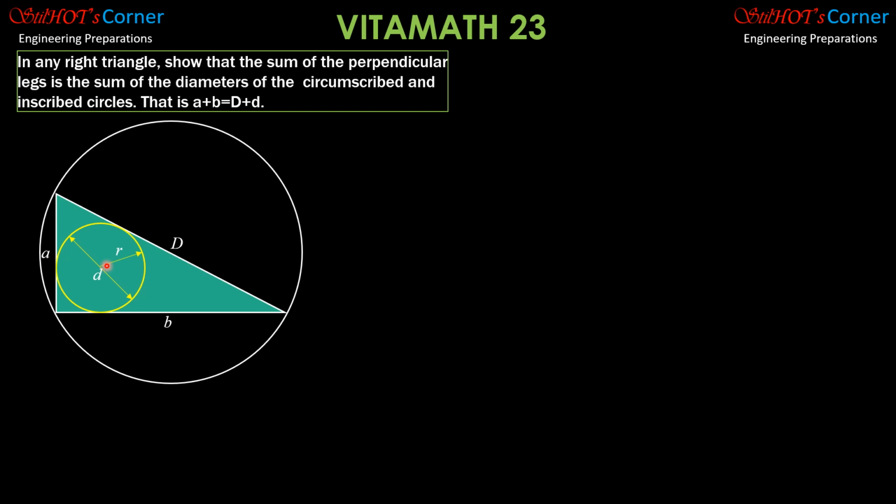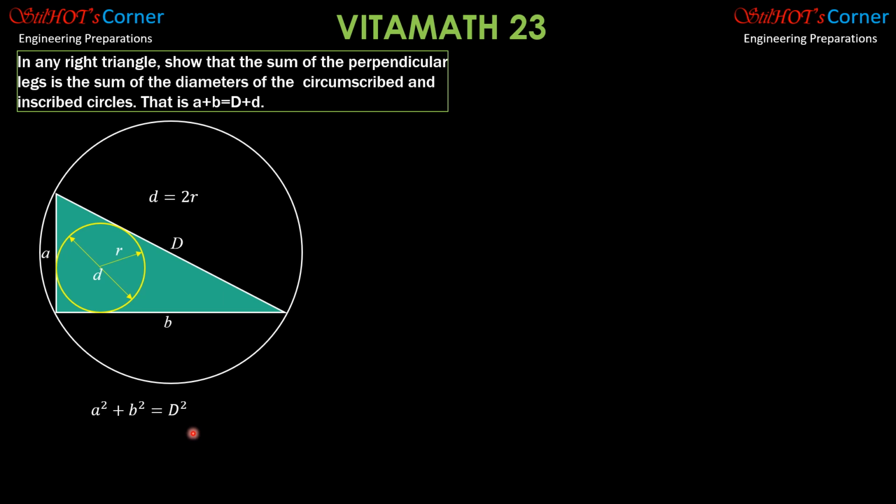So we begin by writing the Pythagorean theorem, which is the sum of the squares of the legs equal to the hypotenuse squared, which is in this case the diameter of the circumscribing circle. So that is a squared plus b squared equals capital D squared. And we note that this small d, the diameter of the inscribed circle, is twice the small radius r.